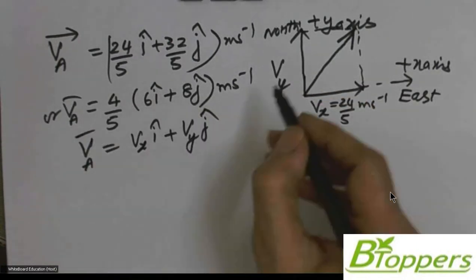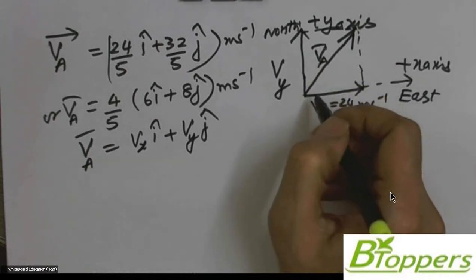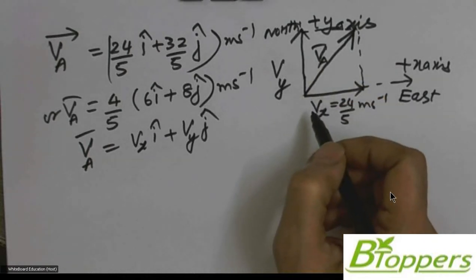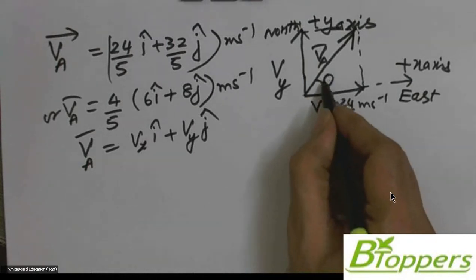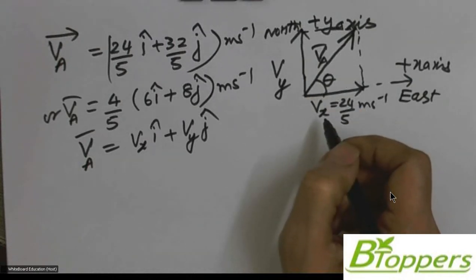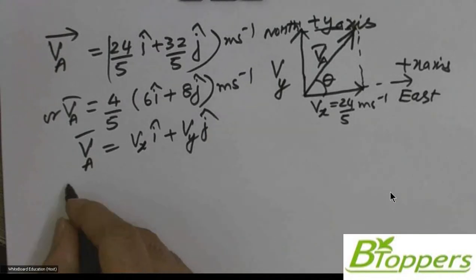That means the actual velocity of the body A. So here let us suppose the actual velocity of the body A makes an angle theta with the positive direction of x-axis. Now let us complete the calculation of the magnitude of velocity VA.